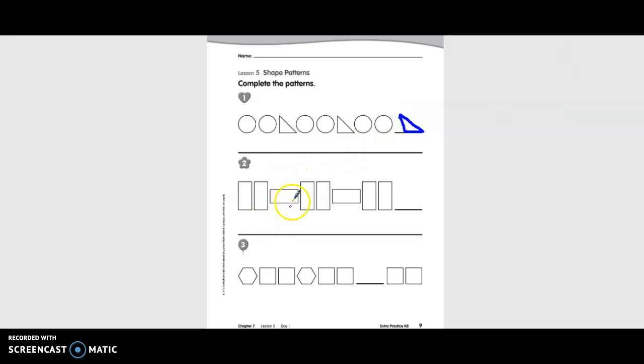Alright, these ones are a different kind of pattern. They're using the same shape, but one of them is turned differently. So it goes up and down, across. Up and down, and then you're going to draw one that goes across like that, okay?